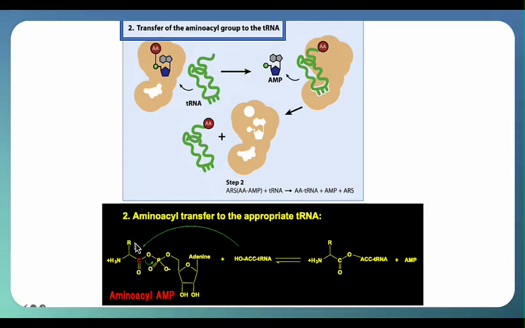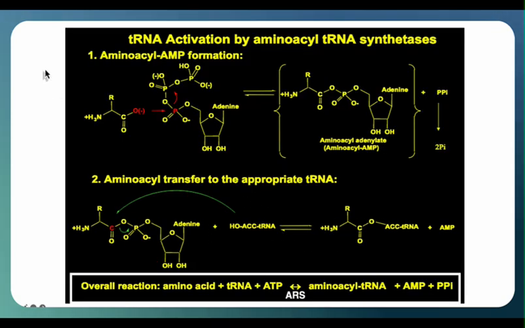The amino acid attached to the AMP is transferred to a transfer RNA, and AMP is released by the same reaction. The two reactions can be summarized as follows. ARS catalyzes the reaction. Finally, a transfer RNA molecule is formed in which a specific amino acid is added to a specific transfer RNA, and AMP and pyrophosphate are released.